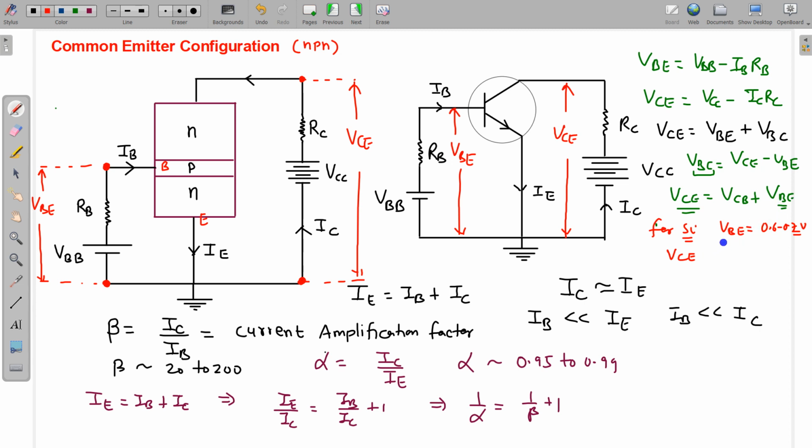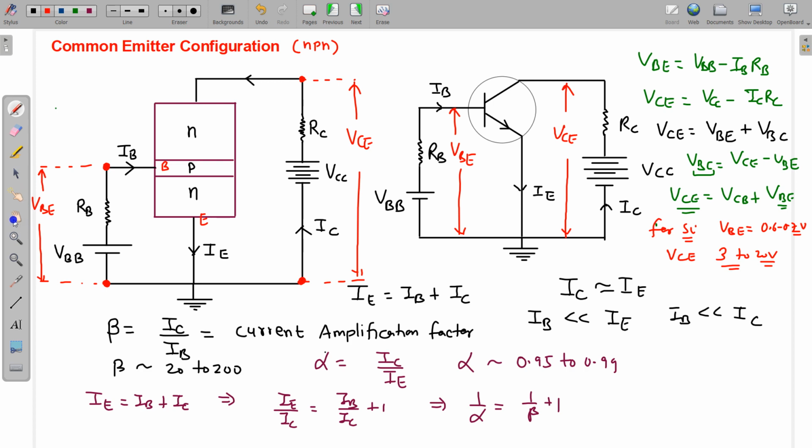So VCE must be greater than this 0.7, and this VCE is in the order 3 to 20 volt. So already we can see that VCE is much higher than this VBE. So VCE is in the range 3 to 20 volt. So this explains why this battery has to be stronger.